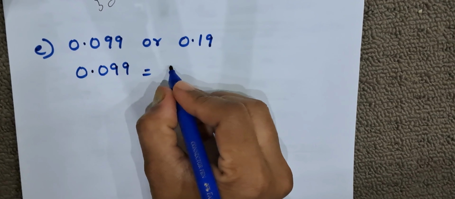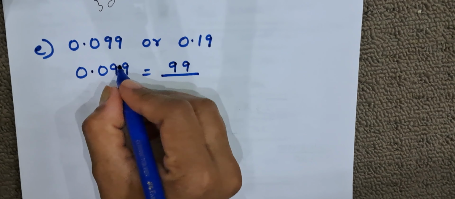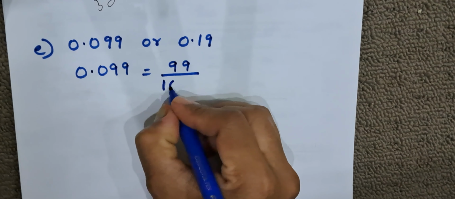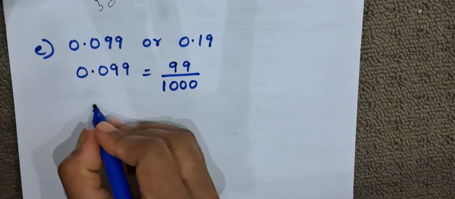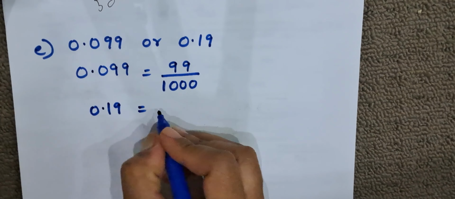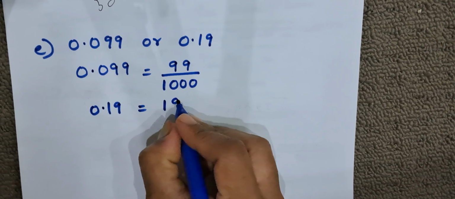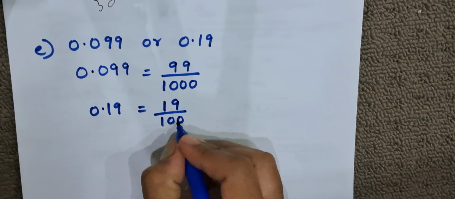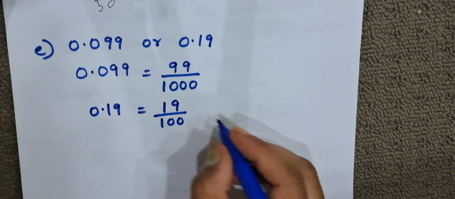So it becomes 99 upon, since we have shifted it 3 times to the right hand side, we will divide it by 1000, 3 zeros. Now the second one, 0.19. So we will shift it 2 times to the right hand side. So it becomes 19 upon 100.